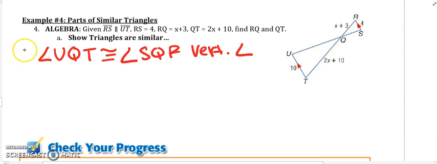So right there I have a set of angles. And then if you look at your parallel lines, again, in your transversal here, you know that these are congruent by alternating interior.